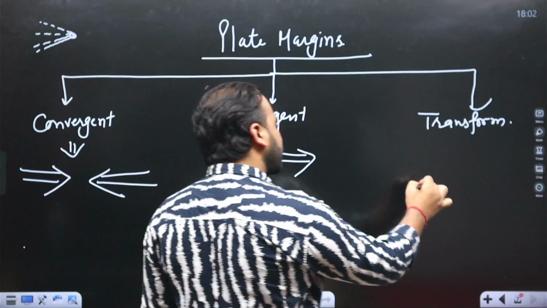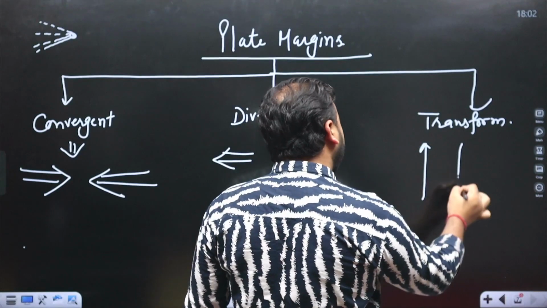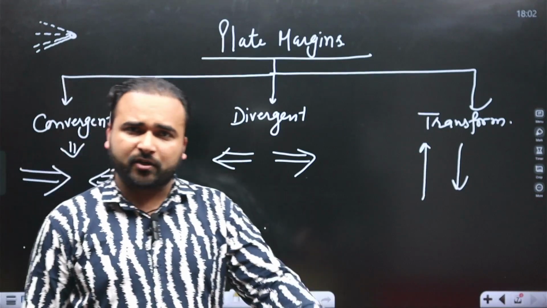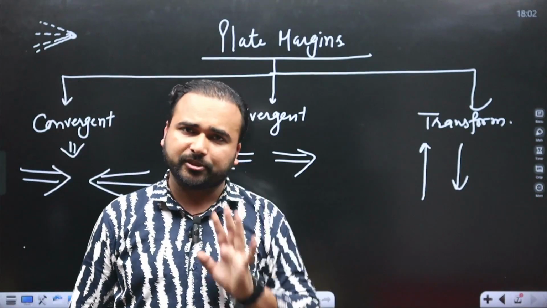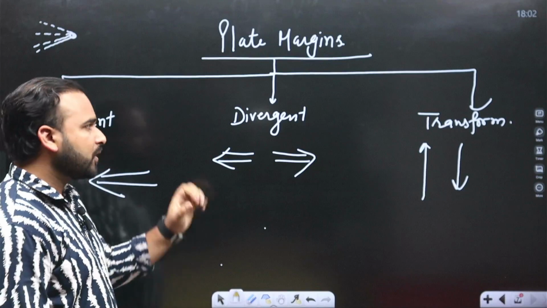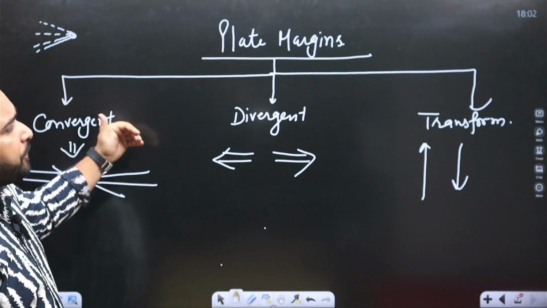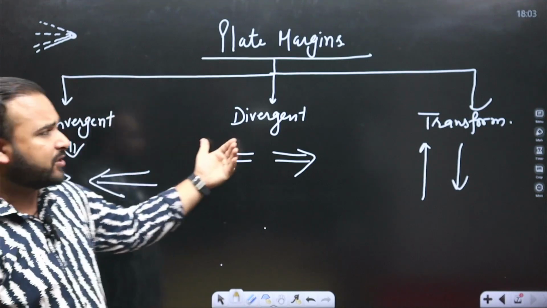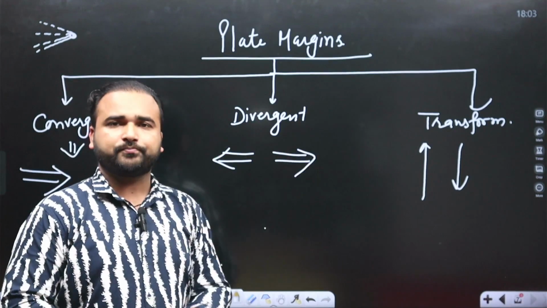But in transform, there is side by side movement. Neither do they come towards each other nor move away from each other. Many processes are found along these plate margins: convergent, divergent, and transform.